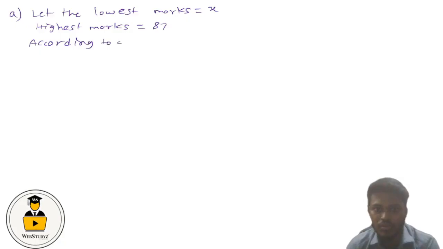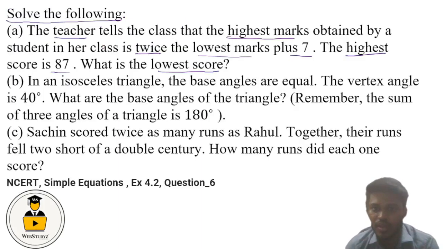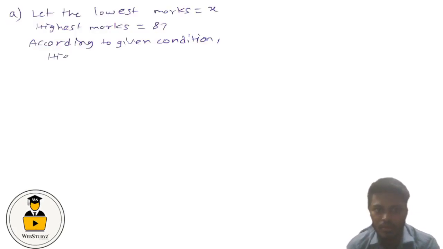According to the given condition, the highest marks is twice the lowest mark plus 7, so 2 into x plus 7. But the highest marks are 87. Therefore we get the equation 2x plus 7 equals 87.